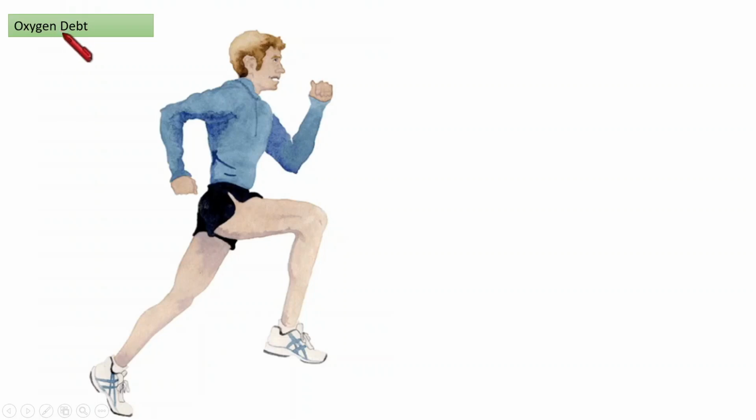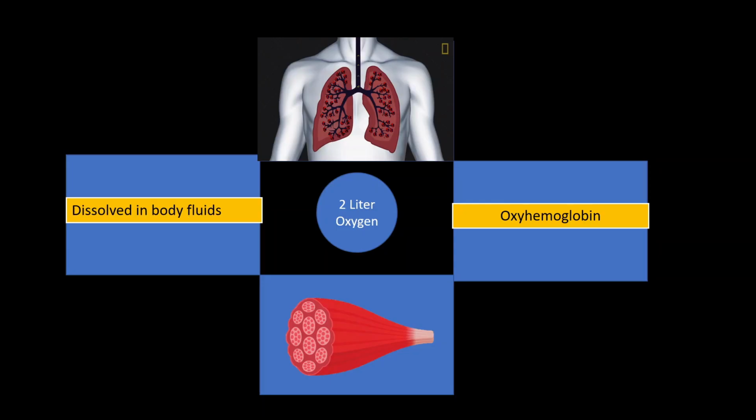Next, we are going to understand oxygen debt. It is a type of debt, a depleting of oxygen. When it happens, we need to understand. In the body of a normal person, there is always a storage of 2 liters of oxygen. And in which places is this oxygen stored?